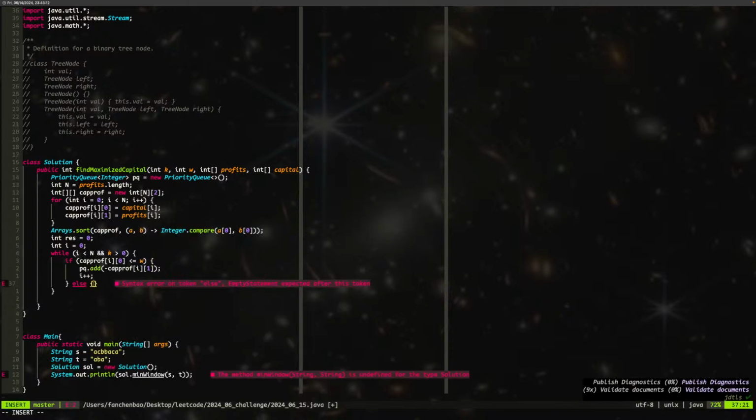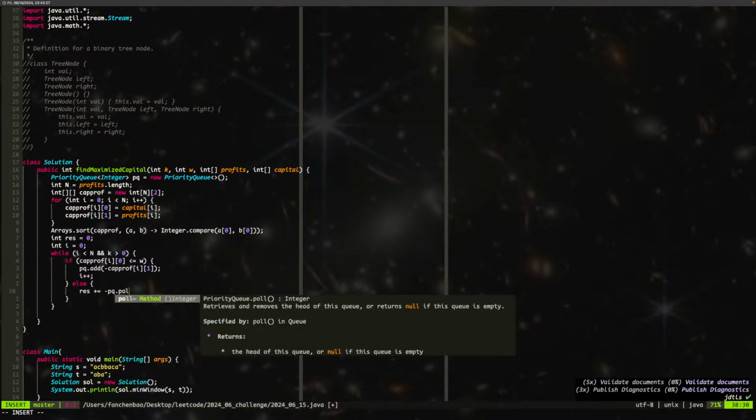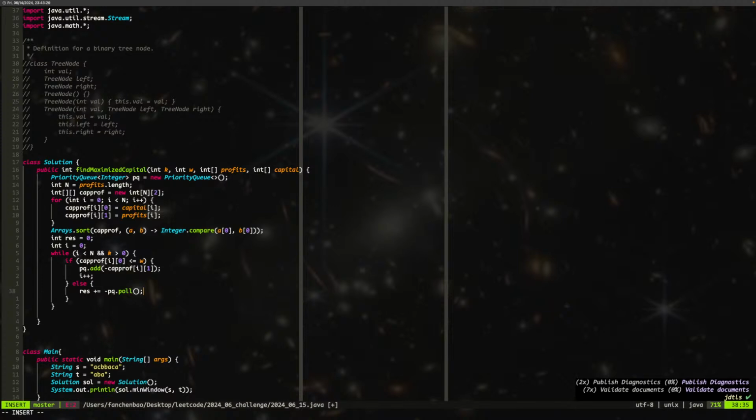Else, if the current capital is larger than w, then we'll pop the biggest. Then we say res plus equal to minus pq dot poll. I'll add that and k minus minus.